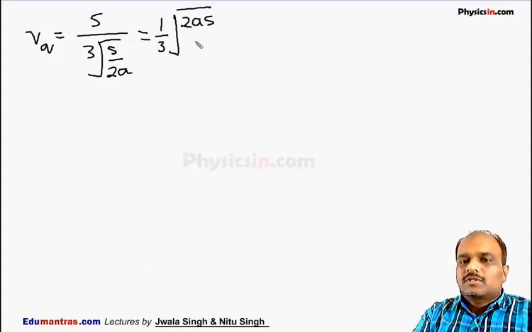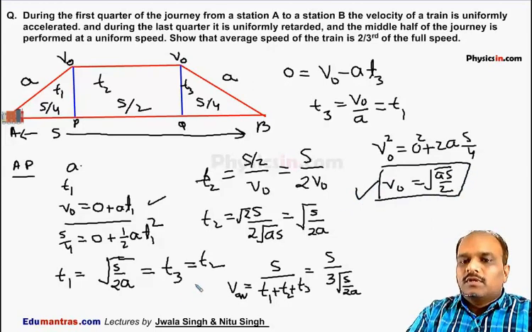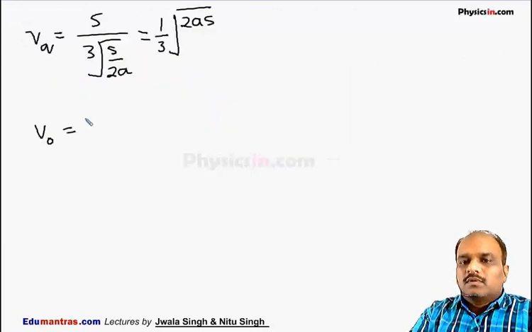V average is this. Now we know the maximum speed V naught is equal to root over AS by 2.